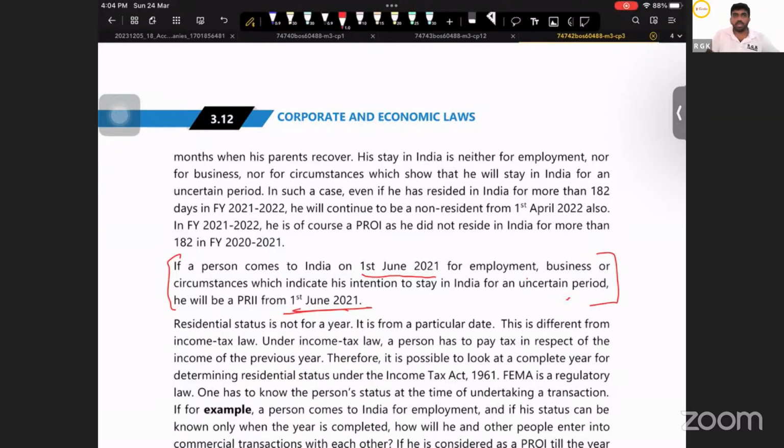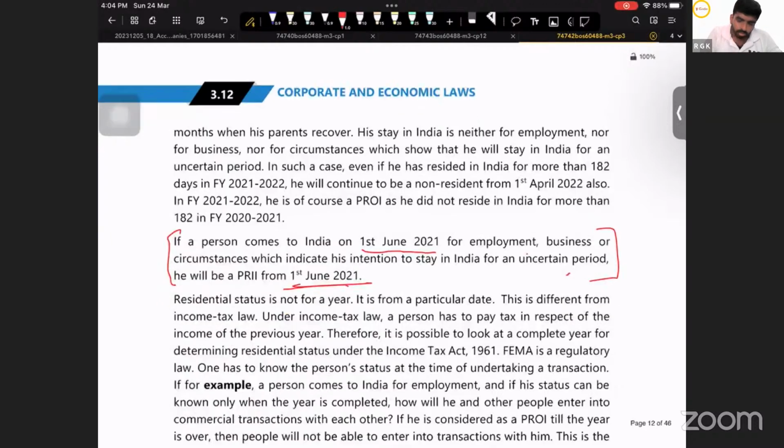If he is telling that he is coming to India for taking up business, for taking up employment, or if he is not very certain about the period of stay in India, classify him as a person resident in India, irrespective of whether he has stayed in India for 182 days or not.